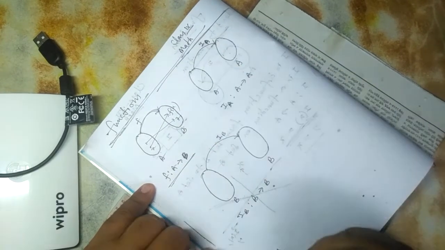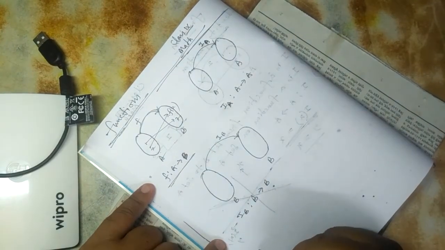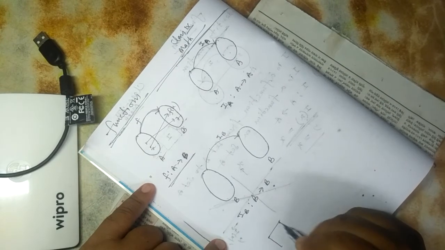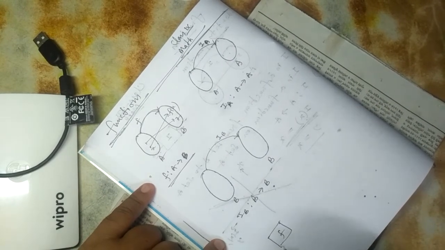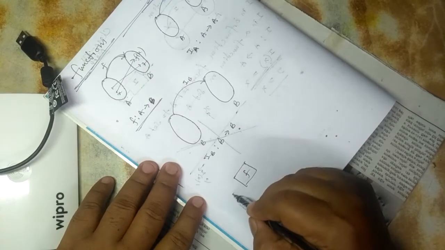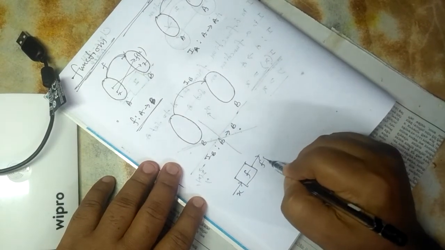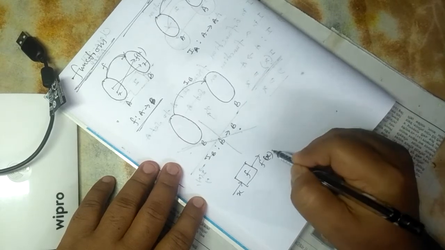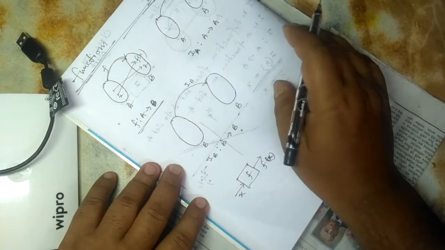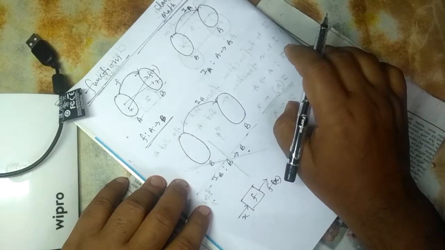So what is f doing? f is taking x as input and throwing away f(x) as output. This is the activity of f.